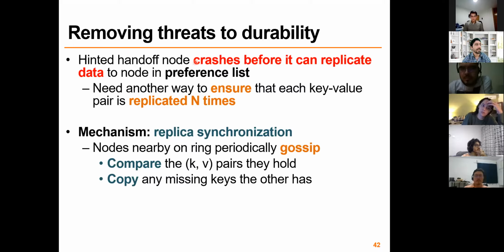So we talked about hinted handoff, right? When a node crashes before it can replicate data to the node in the preference list, we talked about how you can go beyond that preference list and do the copy in another one.